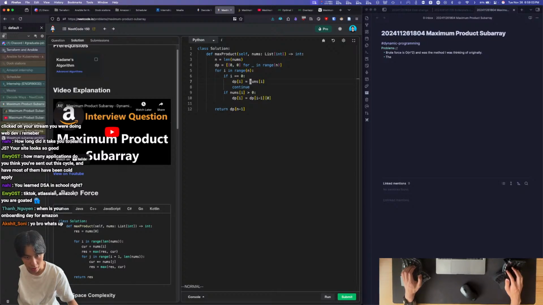Right, so I also set this wrong, by the way. This should equal to this. Could I make it more cool? Doesn't really matter, I guess, but maybe this is clearer for me when I'm looking back at it. So this is equal to nums i also.